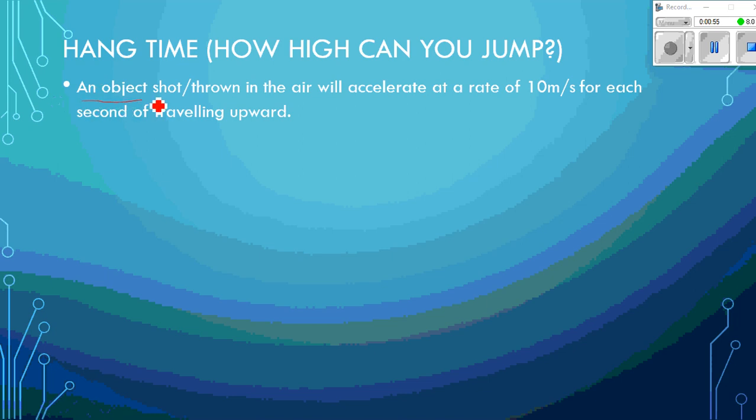Okay, so here's just some notes. An object shot or thrown in the air will accelerate at a rate of 10 meters per second for every second of traveling upward. That's a reiteration of some of the notes that we had yesterday. The big thing you have to remember is the whole time something is going upward, it's accelerating, and when it stops at the top, it accelerates and then comes back down and gets faster. So that whole entire time, the key to remember is that the acceleration is 10 meters per second every second.